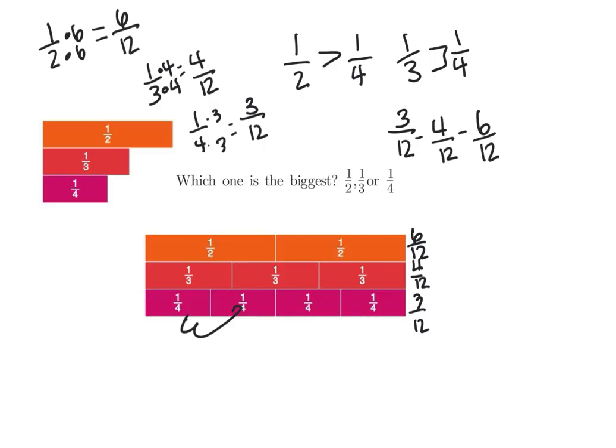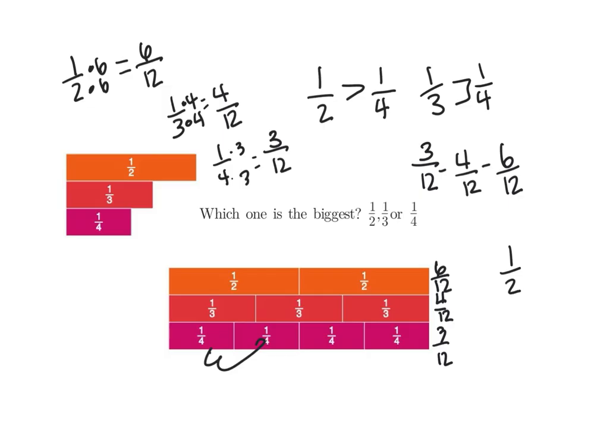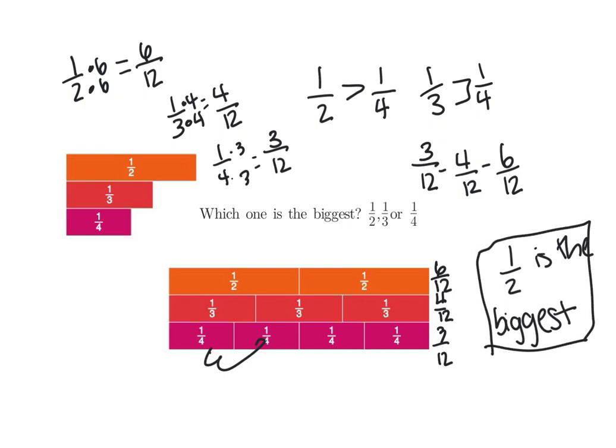It's greater than 3 and greater than 4. That's why 1/2 is the greatest. So that is our answer: 1/2 is the biggest, then 1/3, and 1/4 is the smallest. Our second smallest is 1/3, and the biggest is 1/2.